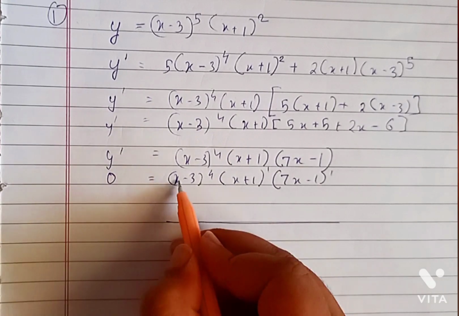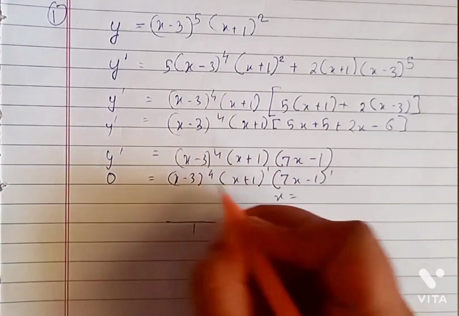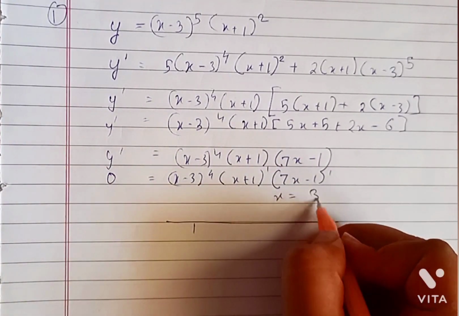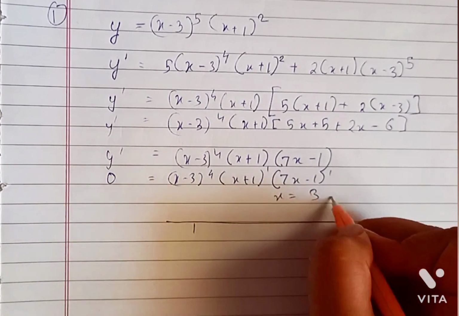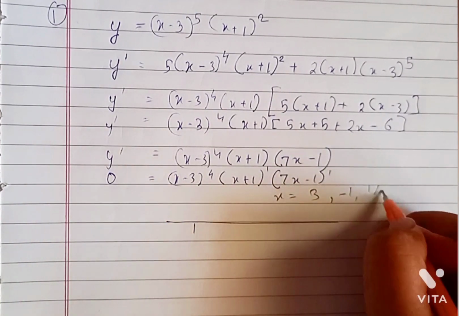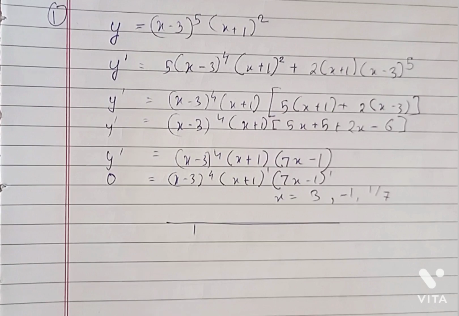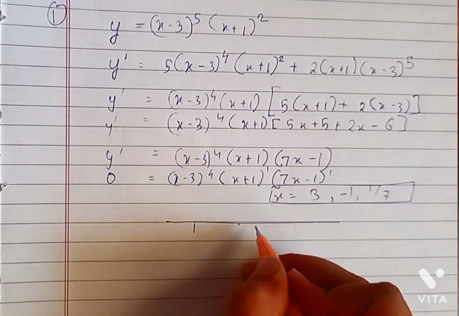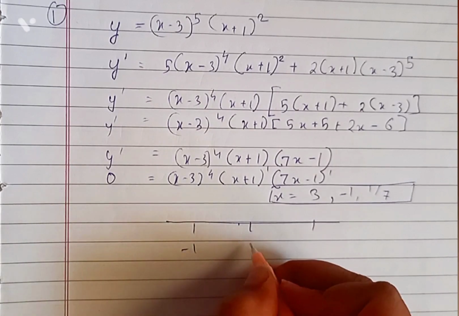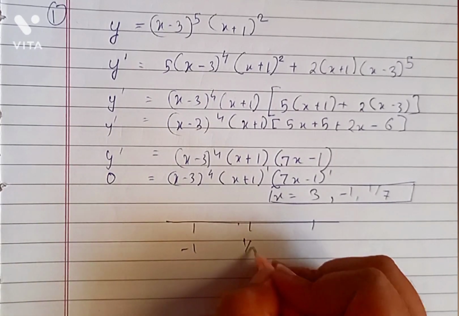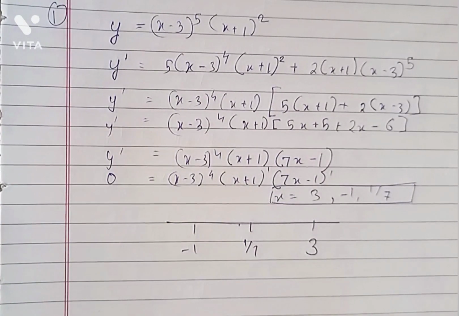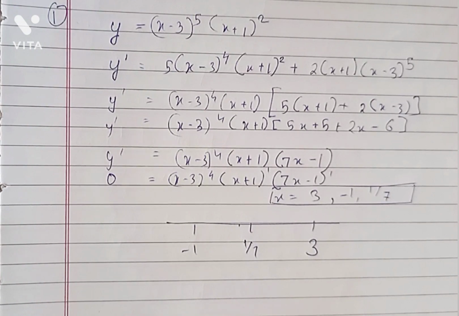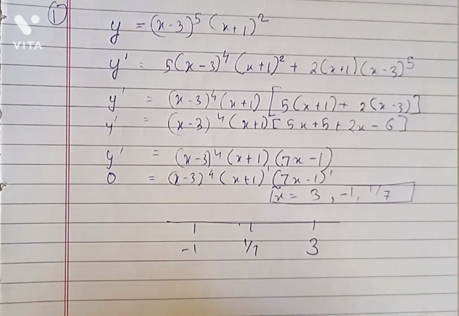If you know, then the possible values of x would be 3, then minus 1 and 1 by 7. These are the possible values, means these are the turning points, right? So using the wavy curve method, we could plot minus 1, 1 by 7 and 3. But this wavy curve method is not used in ISC since it's a JEE method.